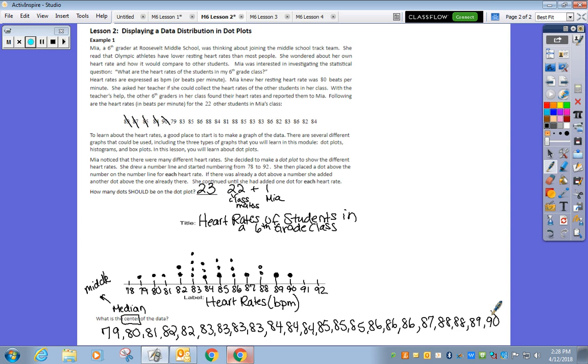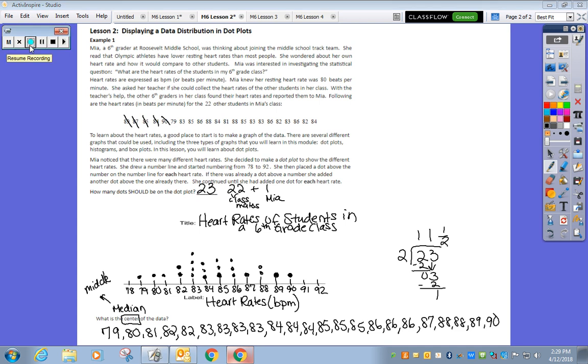So the next thing I'm going to do is find the center of this information. Now, we know that there are 23 pieces of data on here. So if I were to do 23 divided by 2, or splitting it in half, that is going to give me 11 1/2.